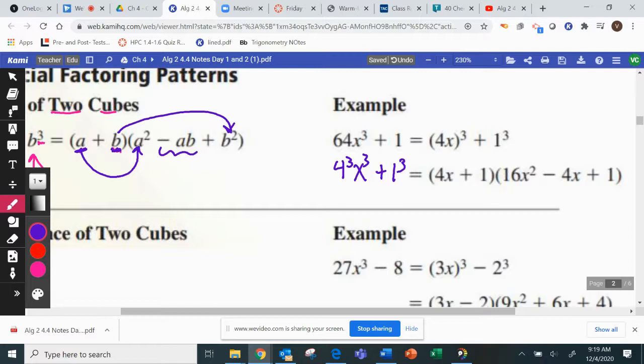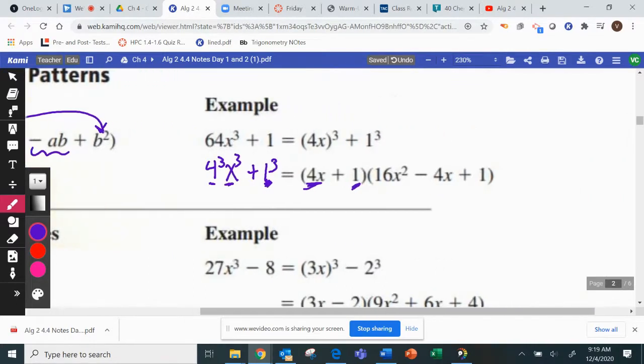So they've changed it so everything says to the third power. Now what I do is I put each of those numbers in the first spot. So my 4 and my x become my first term, 4x. And then just one of these ones is the second term. So we get our first parenthesis, 4x plus 1.